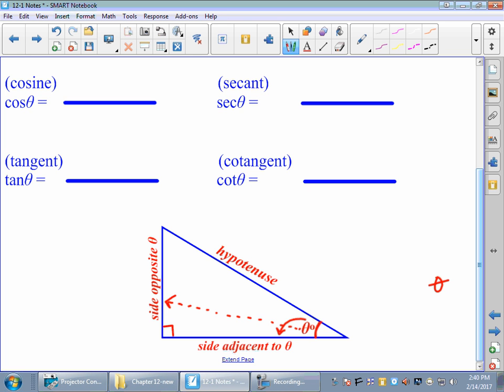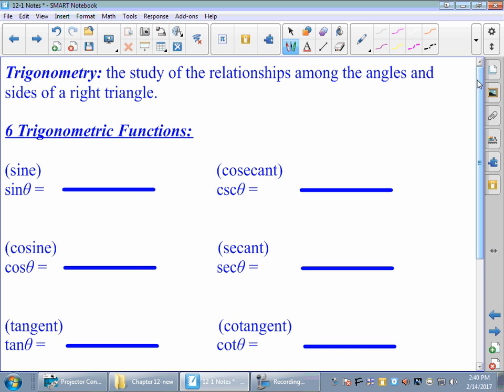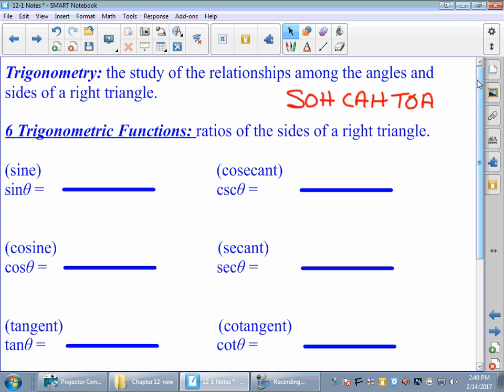Now this is where SOHCAHTOA comes into play. SOHCAHTOA was just a play on words to help us remember what ratio goes with which trig function. So trig functions are just ratios of the sides of a right triangle. You're writing comparisons. You're comparing one side of the right triangle to another side. Okay? You have three sides to choose from.